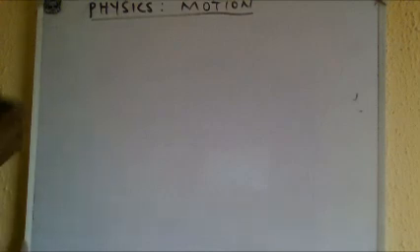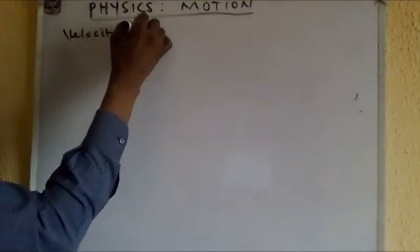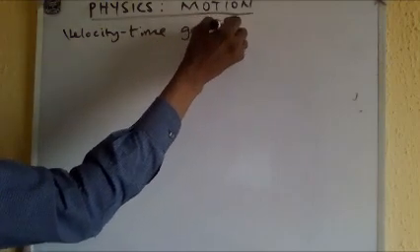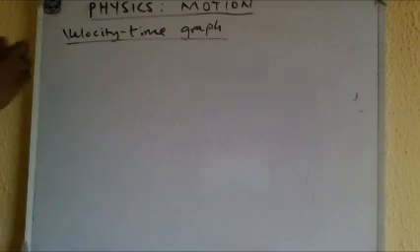Let's talk about the velocity time graph. Okay, you will see it often. Velocity time graph. It's actually a graphical representation of the relationship between velocity and time.